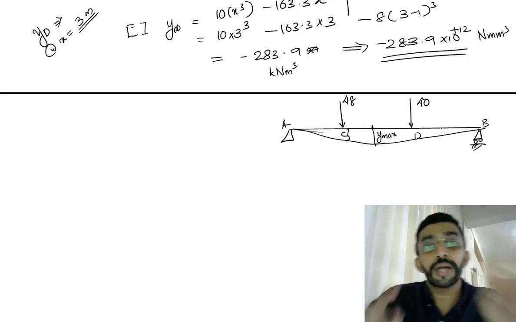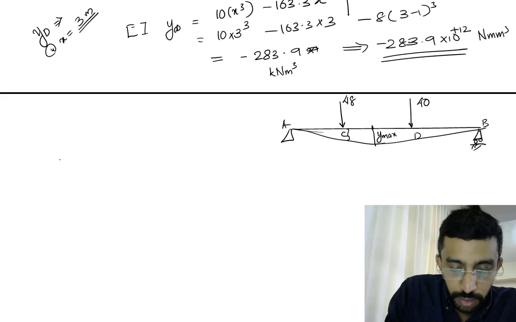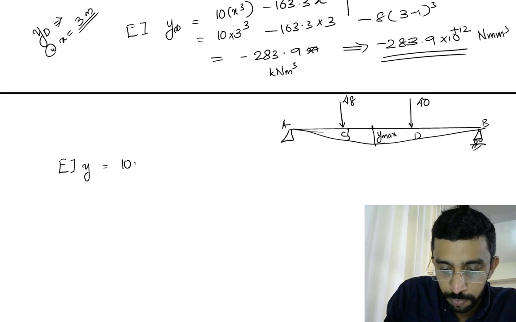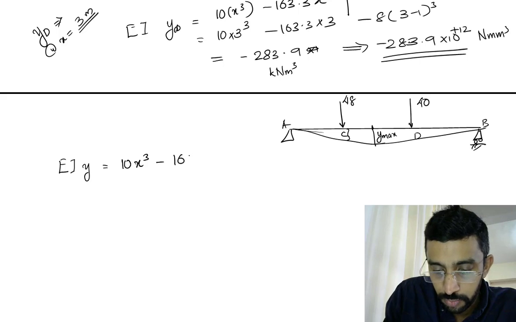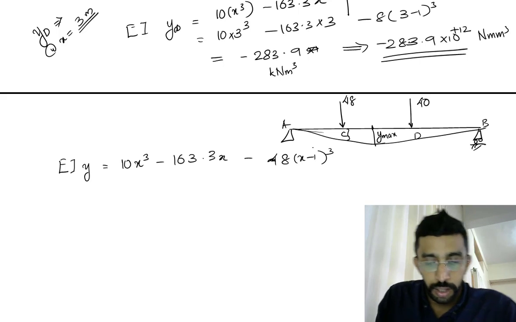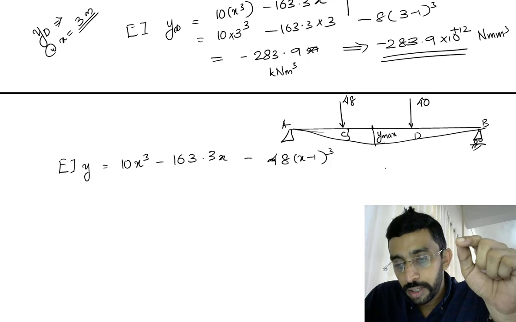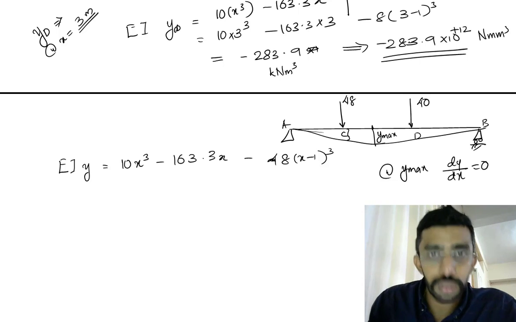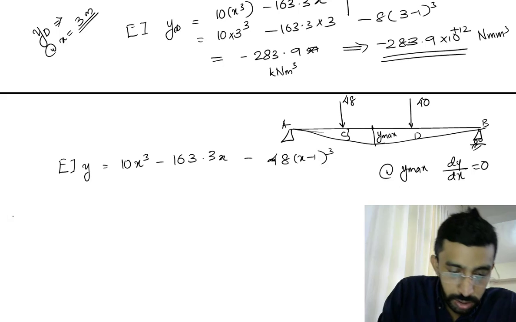That means you have to consider the first two blocks. If that is the case, the general equation is EI into Y equal to 10x cube minus 163.3x minus 8 into (x minus 1) the whole cube. Now we have learned that at Y max, dy by dx is equal to 0. So you differentiate this.